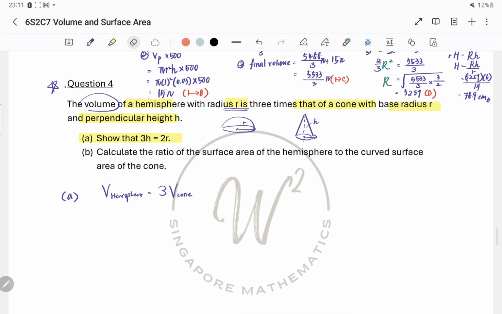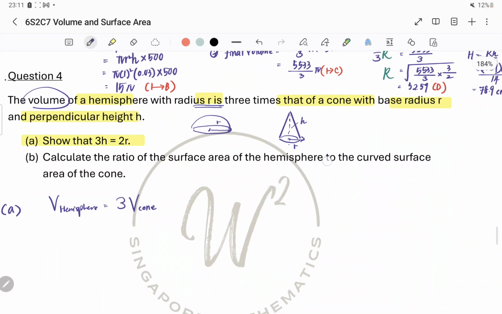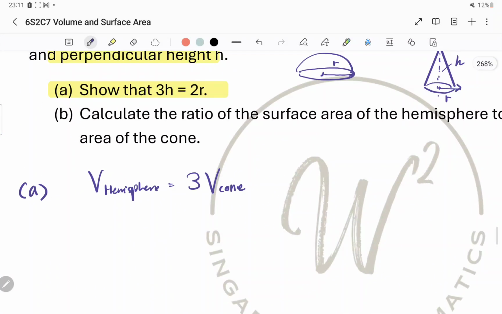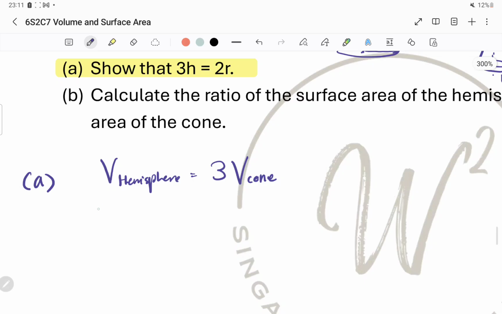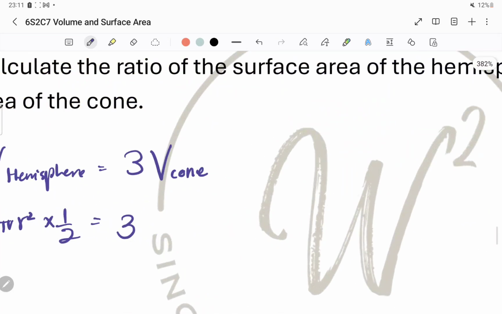So in this case, you take away the big R and put small r, which means they have the same radius. For the hemisphere, the volume is 4 over 3 pi r cube multiply 1 over 2. This is one thing you already know. Then for the volume of the cone, if you look back at the one we did just now, the volume of a cone is 1 over 3 pi r square h.